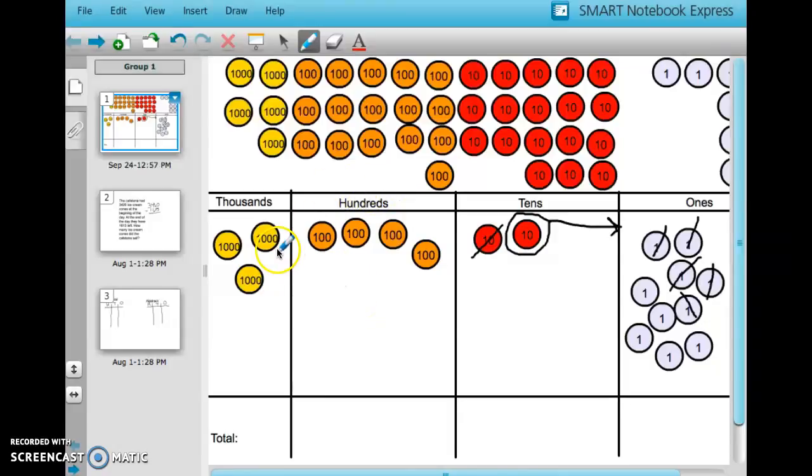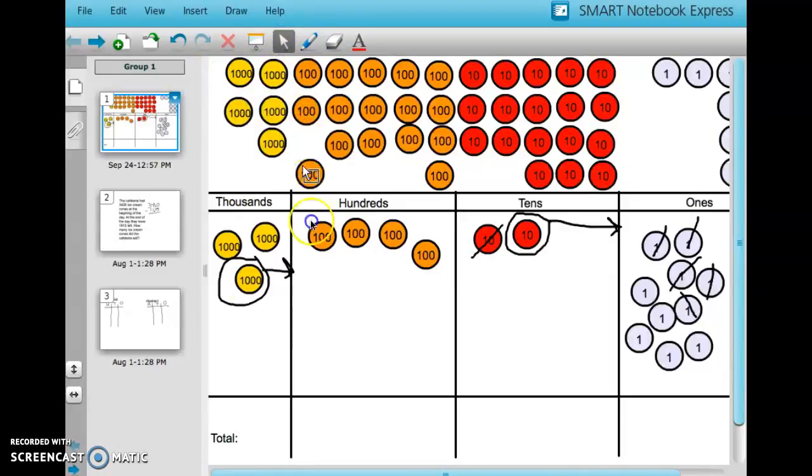So where can we find those chips? Well, we can find them in the thousands place. So we can go ahead and regroup it into the hundreds place. One 1,000 chip is 10 100 chips.